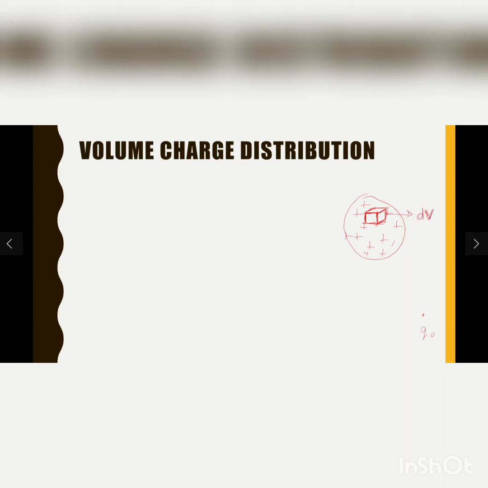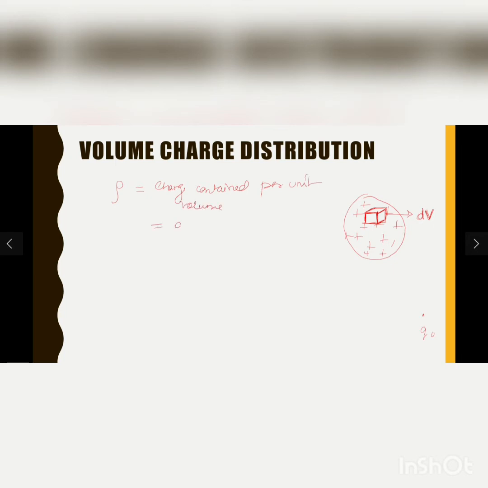So dV. Now corresponding to this type of charge distribution, volume charge distribution, we have volume charge density, rho. Volume charge density is defined as the charge contained per unit volume.